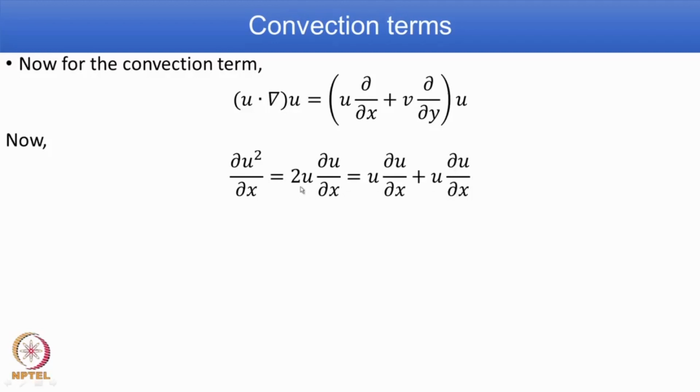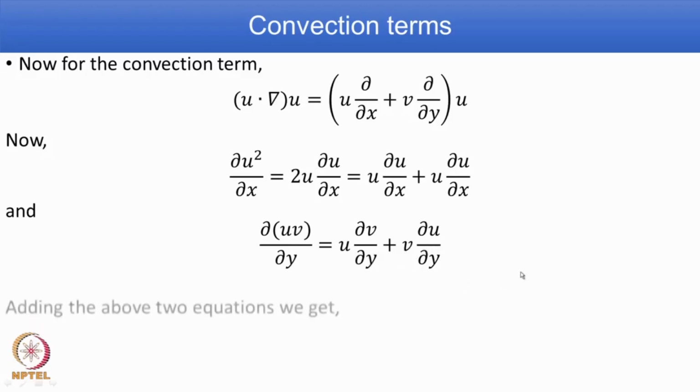So, 2 times u into dou u by dou x is expanded as one u into dou u by dou x plus u into dou u by dou x, and then dou by dou y of u v is u into dou v by dou y plus v into dou u by dou y.